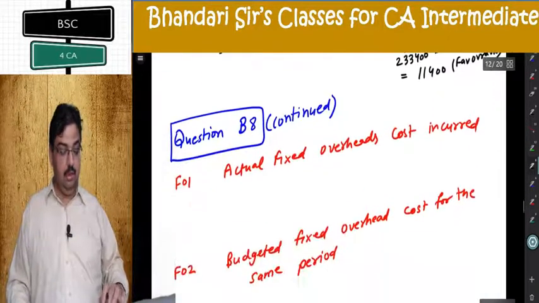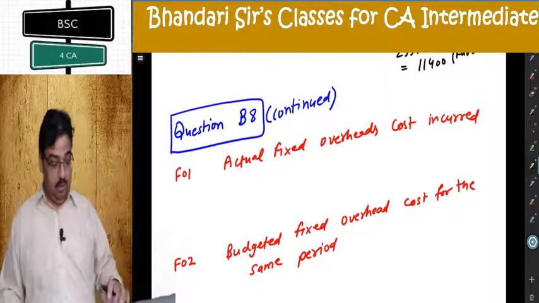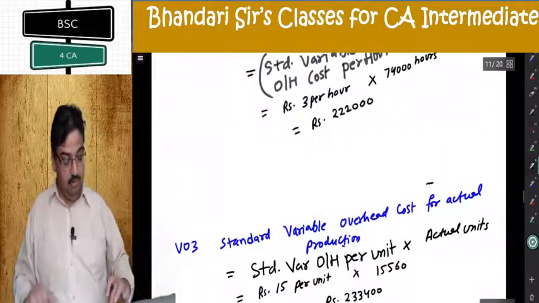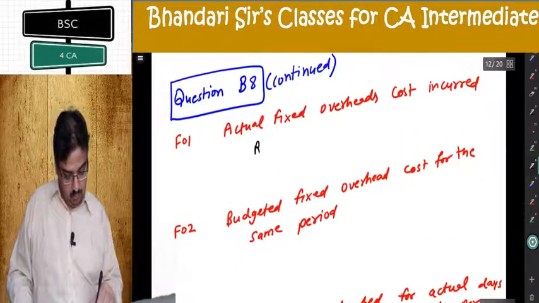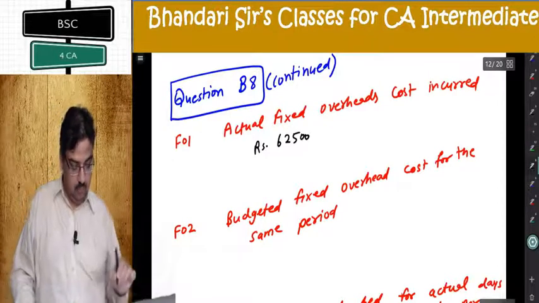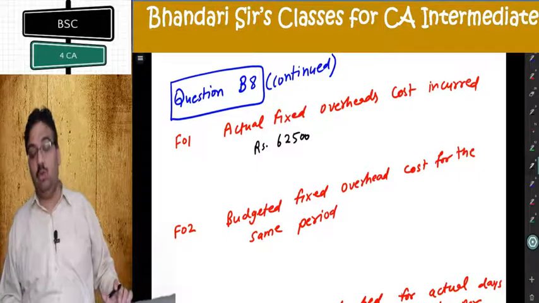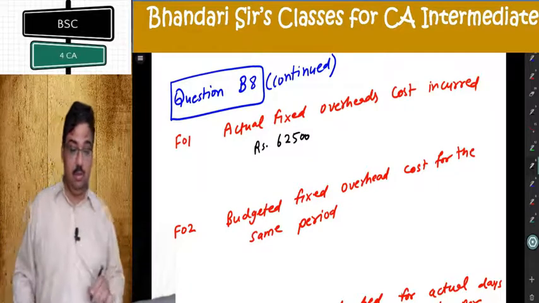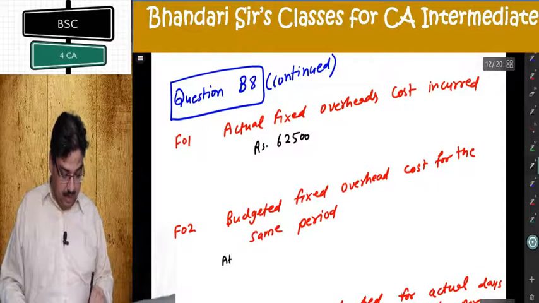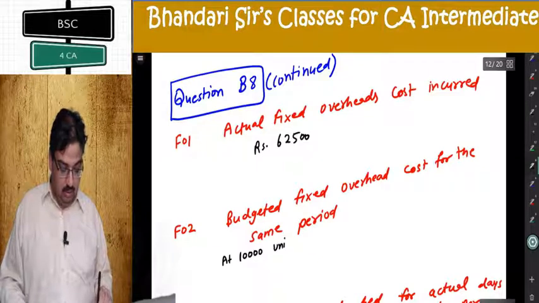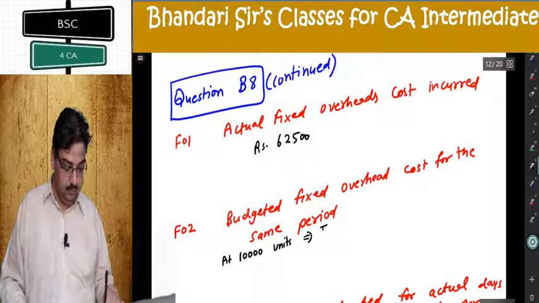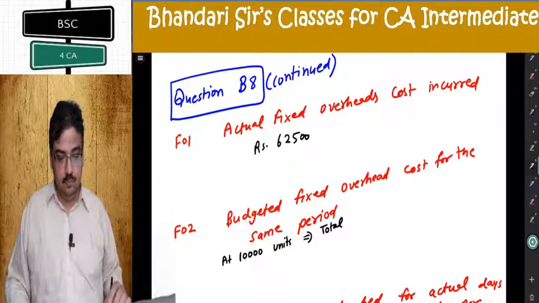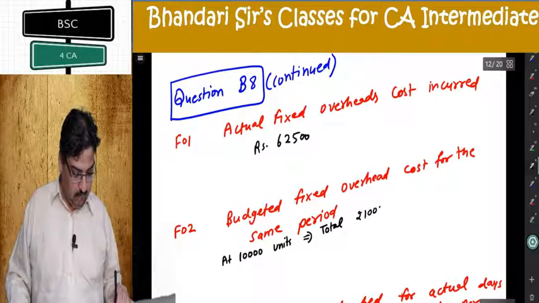Next, fixed overhead category. Actual fixed overheads we computed, although we don't need it because he is not asking me anything related to FO1, but it is given, 62,500. Now the only good challenge in the question is to compute the fixed component. Remember the segregation concept. Now I am doing at 10,000 units, total 2,10,000.